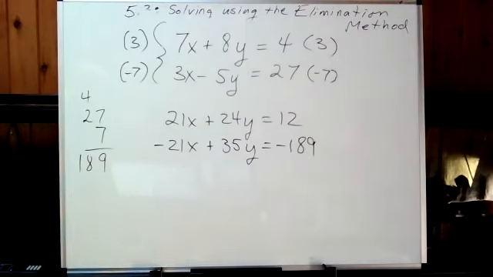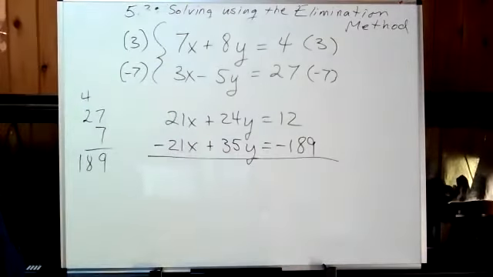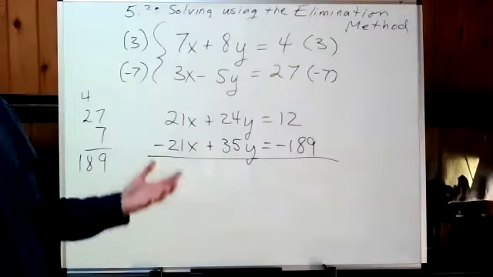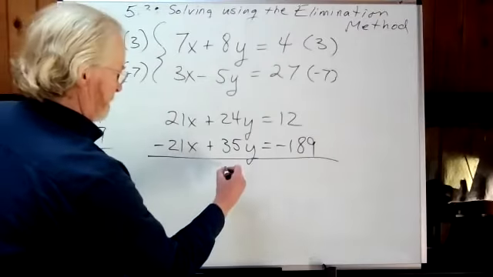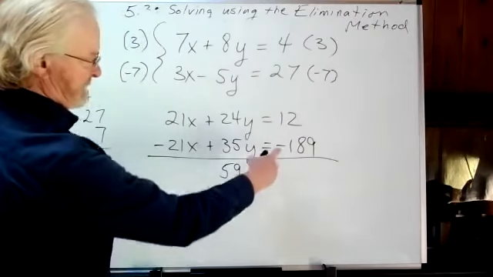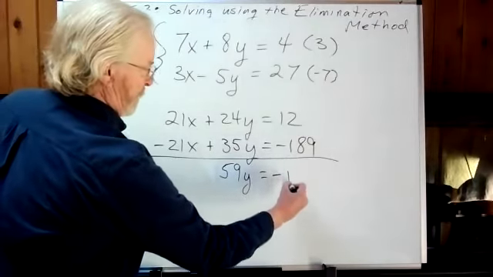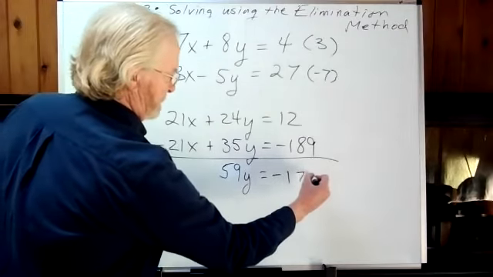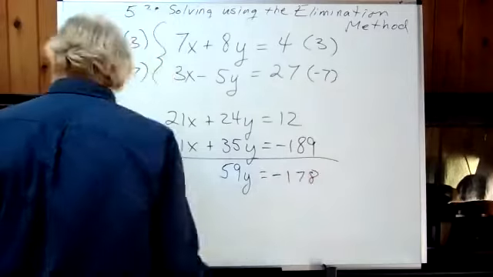Now I'm ready to do the adding because I've got these to be the same. So this is the more complicated ones where you have to multiply both equations. So what did I get here? 59 y's, I'm going to subtract the 12 and it'll be -177.